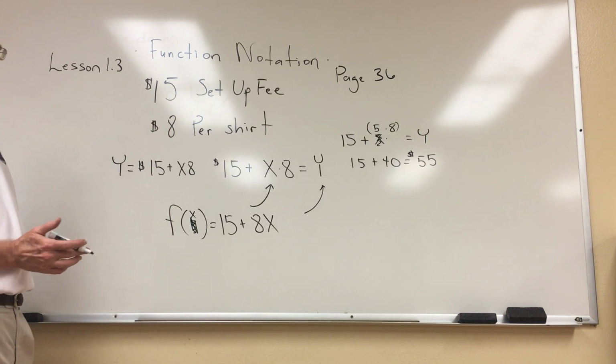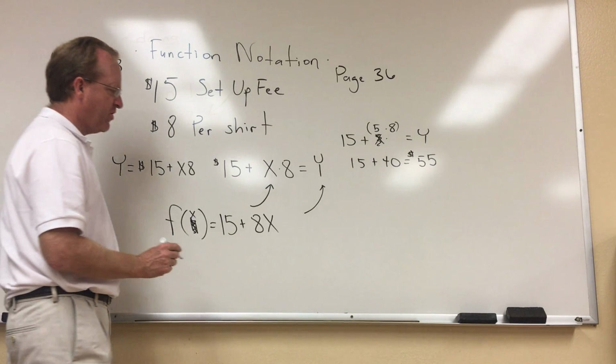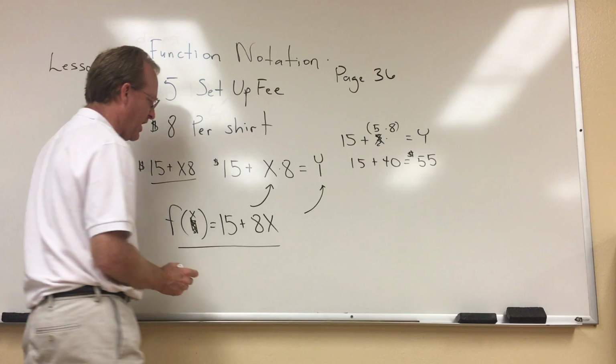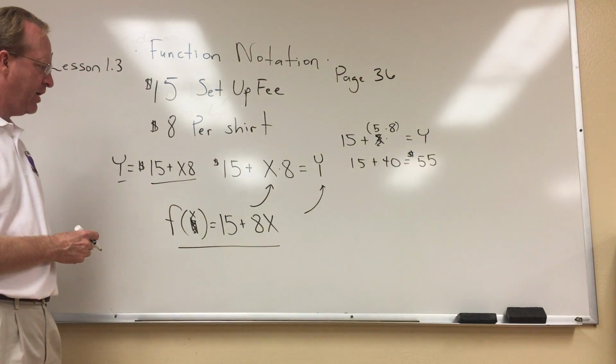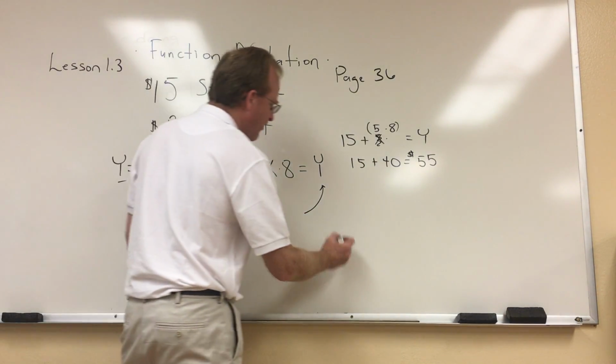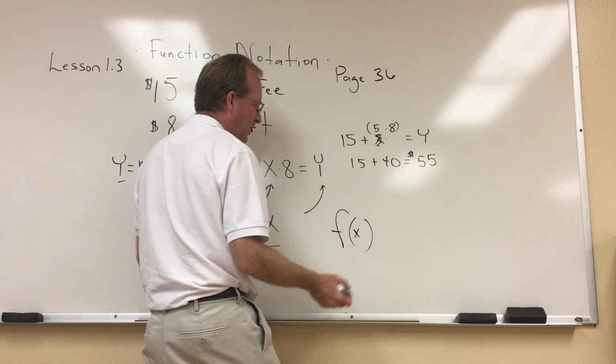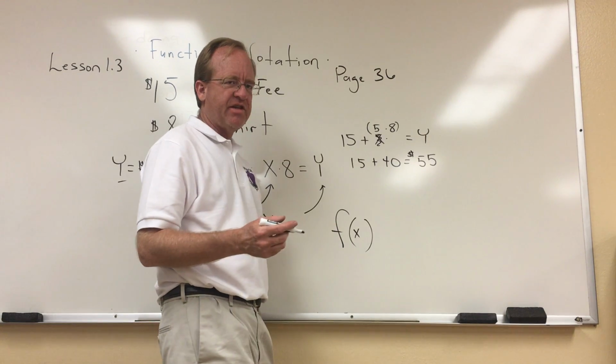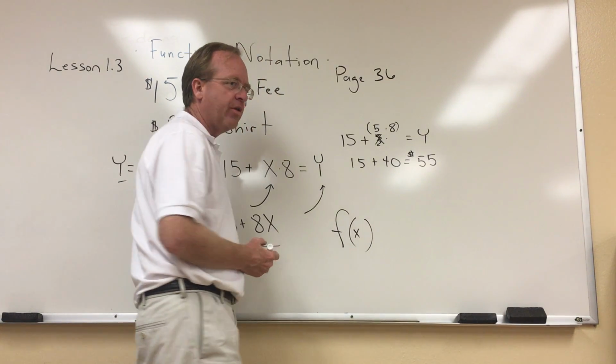Okay? What does that mean? It means the same thing as this. Y is equal to 15 plus 8x, or x times 8. So when you see this function of x, you can think of it as that's the answer. You can think of it as that's y. Either one of those is fine.